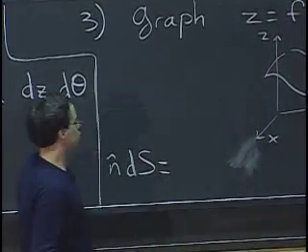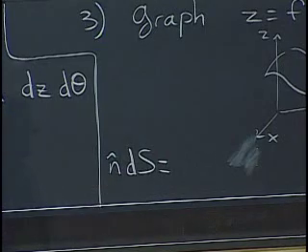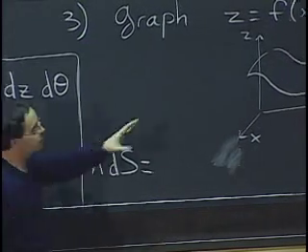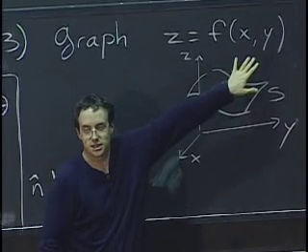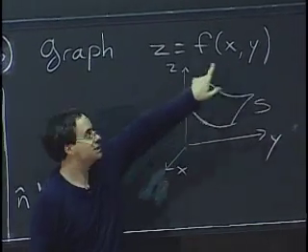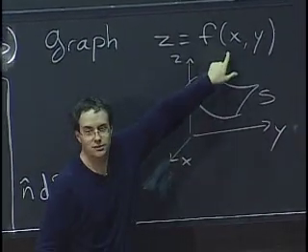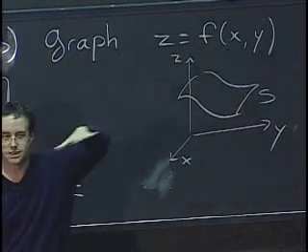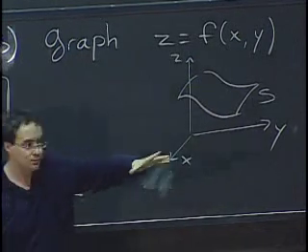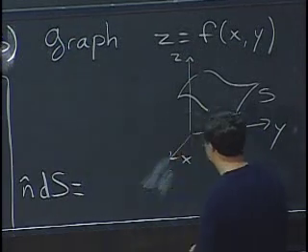What variables do we want to express this in terms of? Well, most likely x and y, because we know how to express z in terms of x and y. So this is an invitation to get rid of any z that might be left and set everything up in terms of dx, dy.